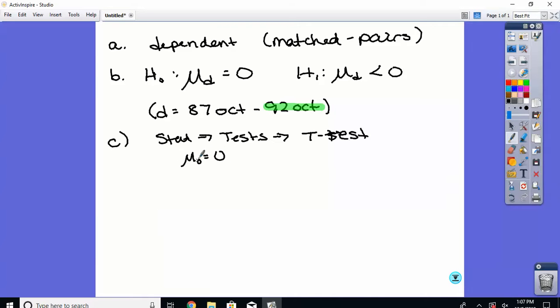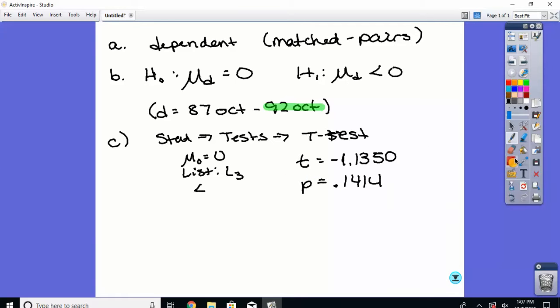What list should it be? L3, because we're doing the difference. We are testing less than. So what you have to have written down is your T and your P. At the very least.